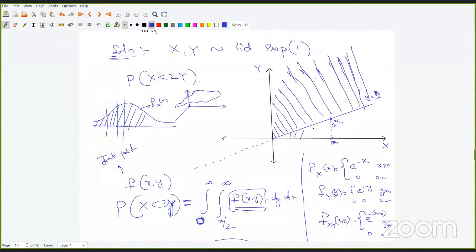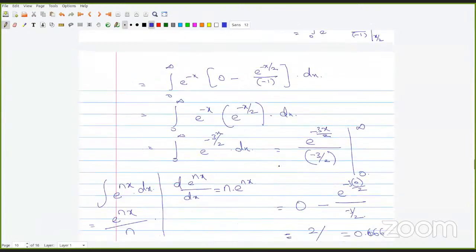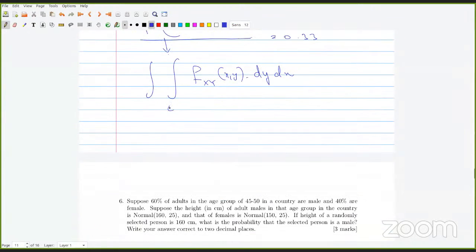The below one will be the region, no? And you fix x as the independent variable. So x will run from 0 to infinity. The limits of x are 0 to infinity. Y is from 0 to x by 2. So 0 to x by 2 and 0 to infinity. If you compute this, you will actually get 0.33.